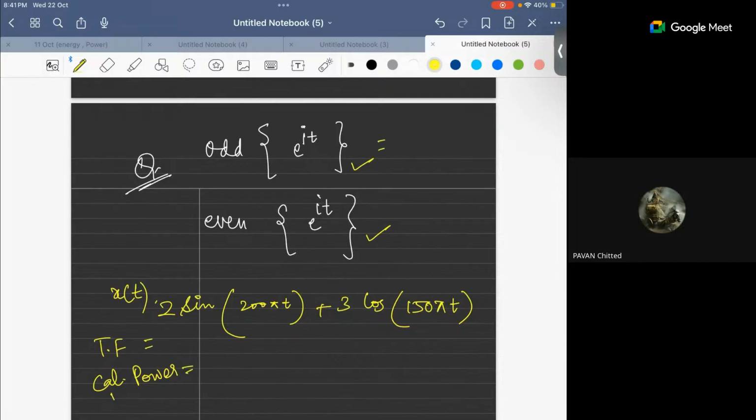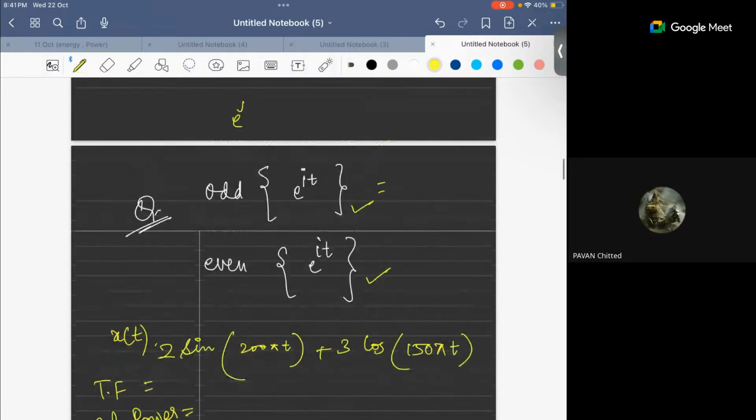First, tell me the odd part of e to the power jt. So if you write e to the power jt, how do you write? Cos t plus j sin t. Which one is the odd part? Which one is the even part?